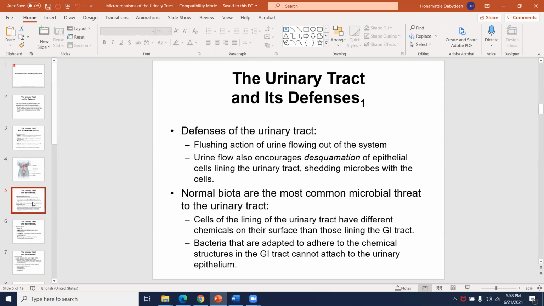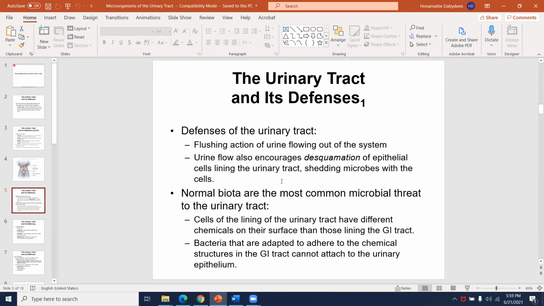Remember what we said about desquamation of the upper layer of the epidermis, the very top layer, that's constantly shedding. You want that to happen because you're not only shedding the cells, but also the organisms that land on those cells. Same thing with the urinary tract. If you are urinating some of those epithelial cells that may have some organisms on them, if they're shedding and flowing out with the urine, you are getting rid of microorganisms that way too.